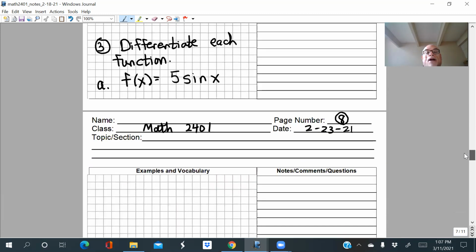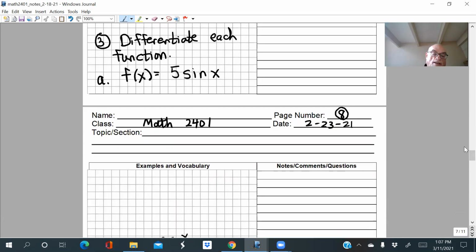Okay, let's practice that just a little bit in a few minutes. So I want to find the derivative of a couple of trig functions here. Suppose f of x is 5 sine of x, and we want to find f prime of x. So remember, here you have a constant. The constant is not going to change your derivative at all.